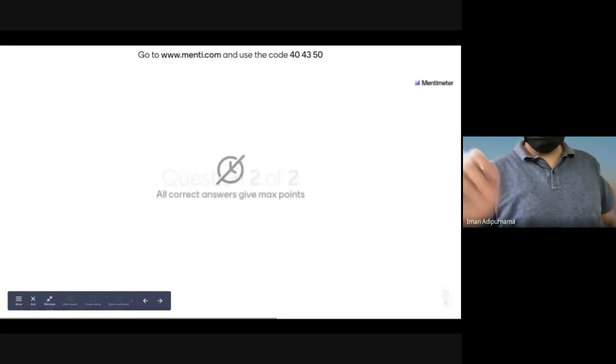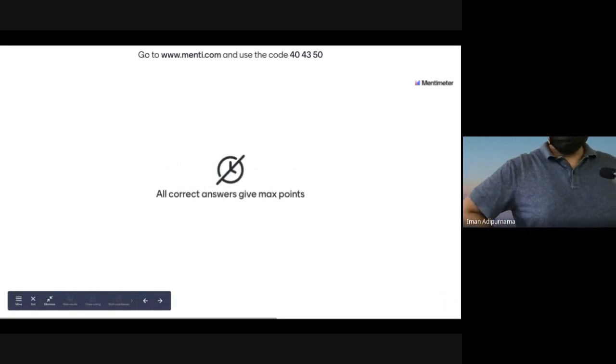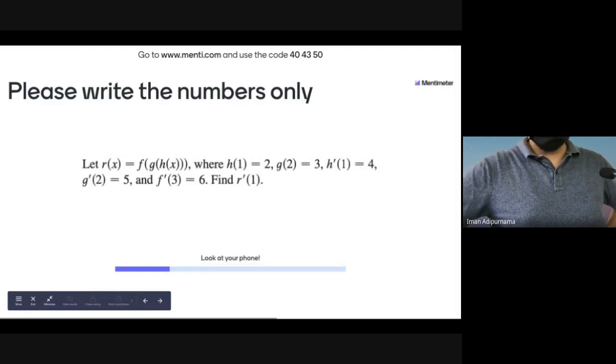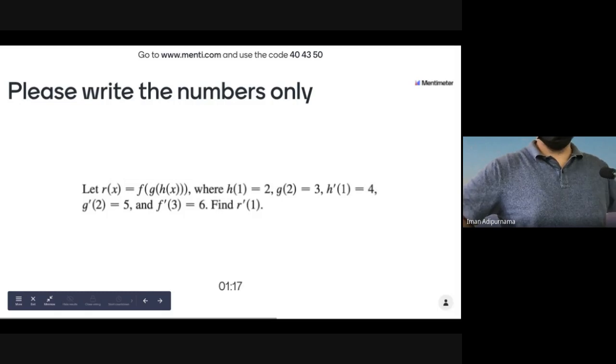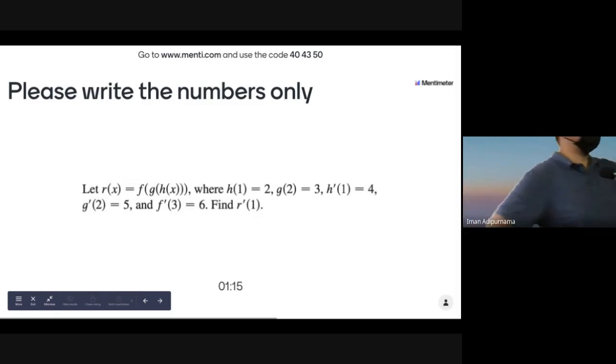Okay, 1, 2, 3. Sorry if this is too long, but I give you 1 minute 12 seconds, 20 seconds. I hope enough.